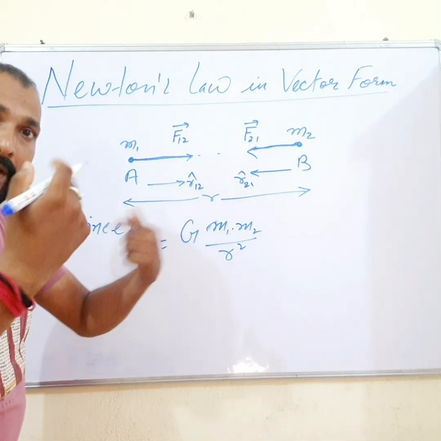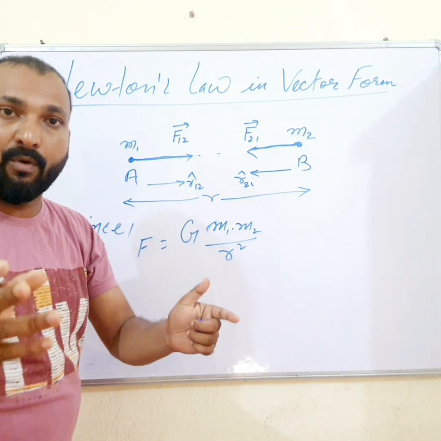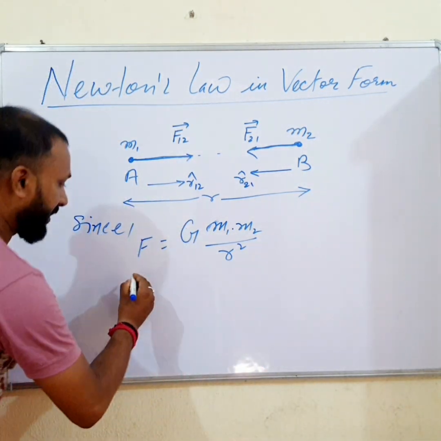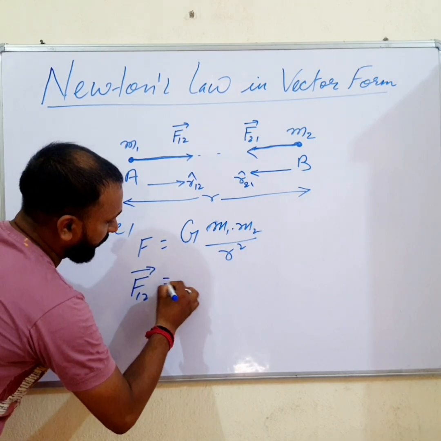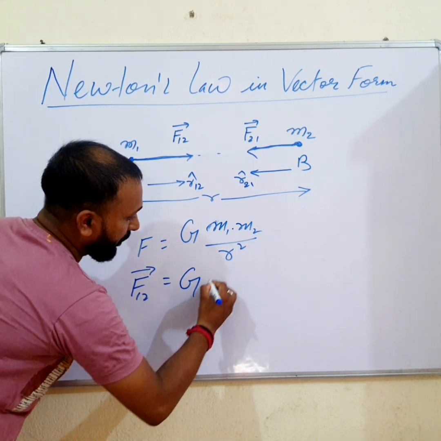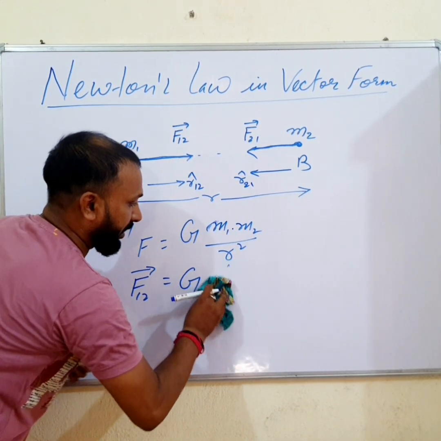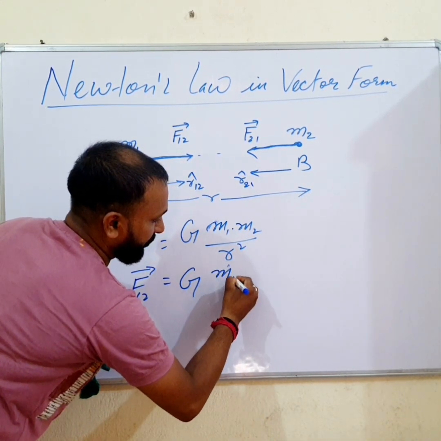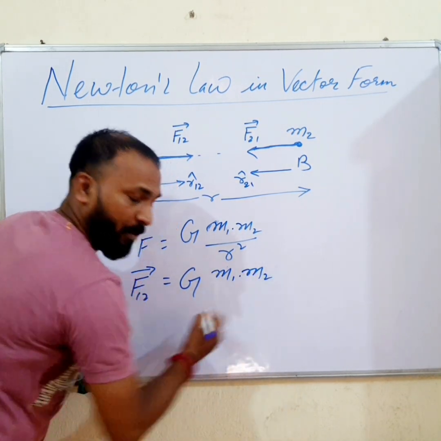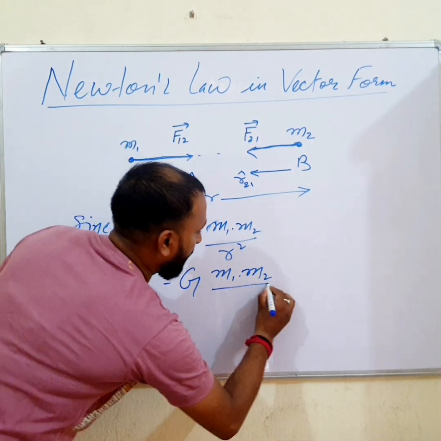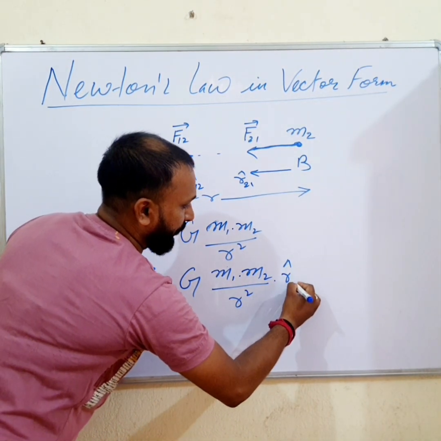So when we write the entire equation in vector form, it can be written like this: F12 vector is equal to m1 m2 divided by r square, times r cap 12.